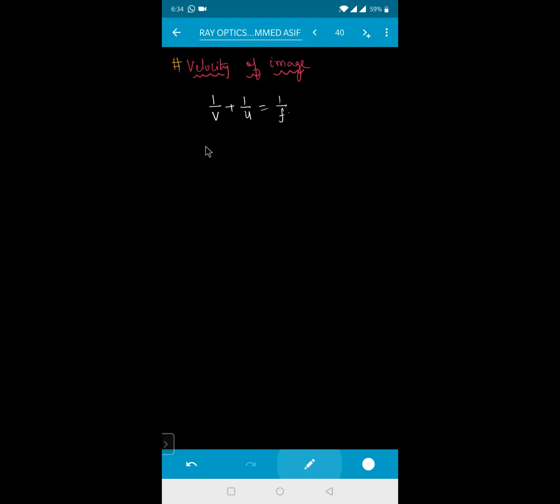Now if I'm differentiating this with respect to time, this will become 1 by V square into dV by dt, chain rule, plus minus 1 by U square into dU by dt.